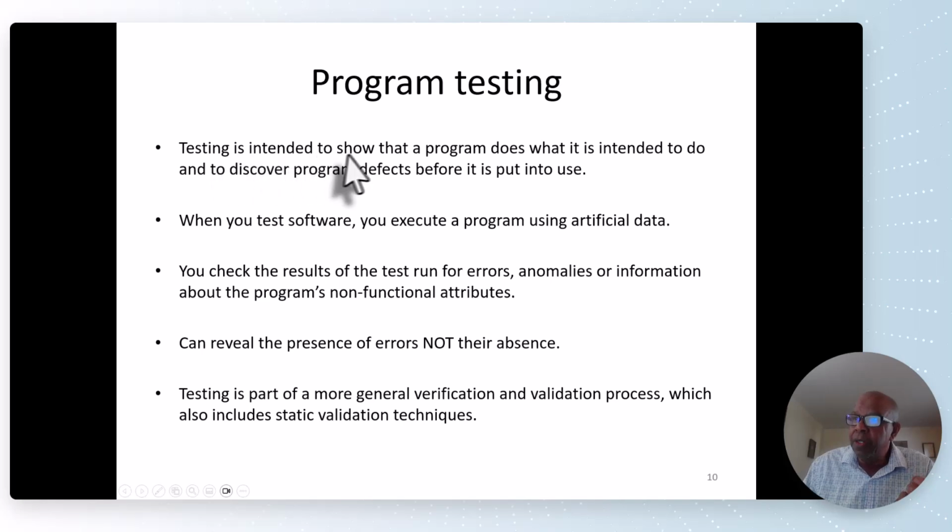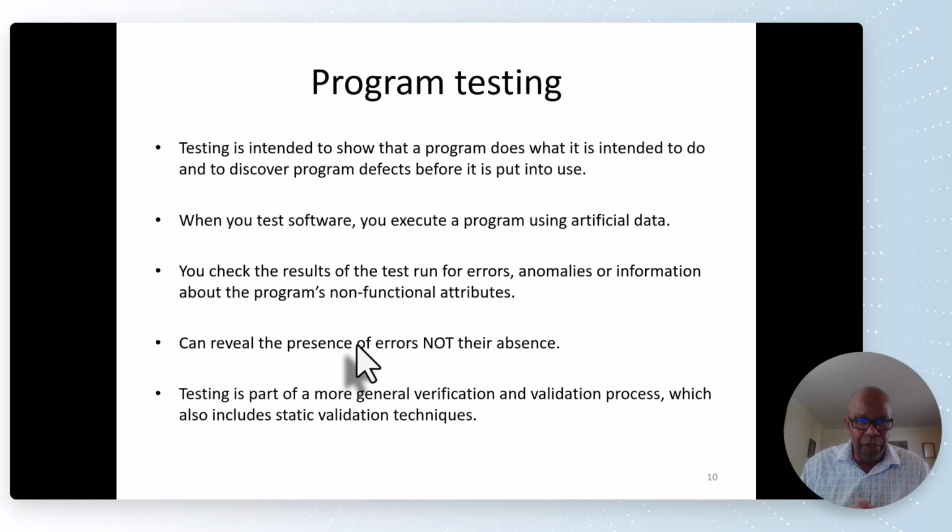Testing is intended to show that a program does what it's intended to do and to discover program defects. When you test software, you execute a program using artificial data. Here it is: you can reveal the presence of errors by testing, but not the absence. You can never go to the user and say there are no bugs in this software.